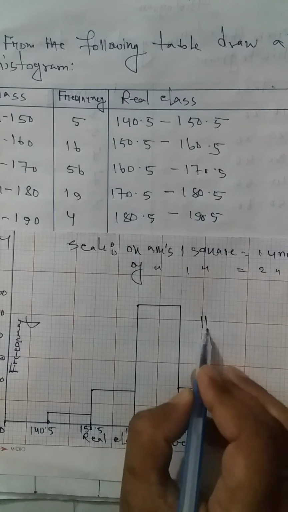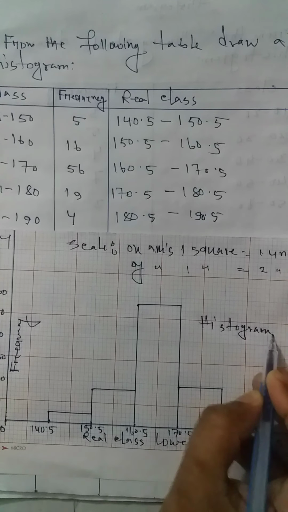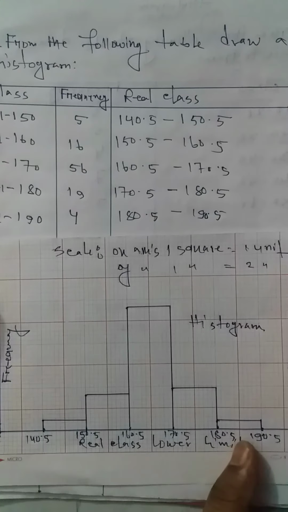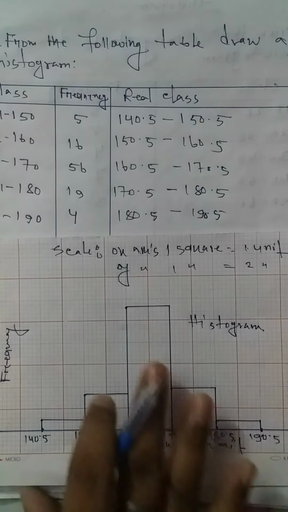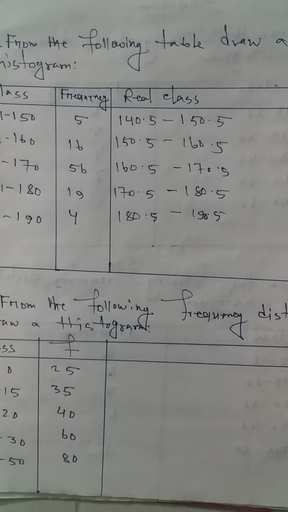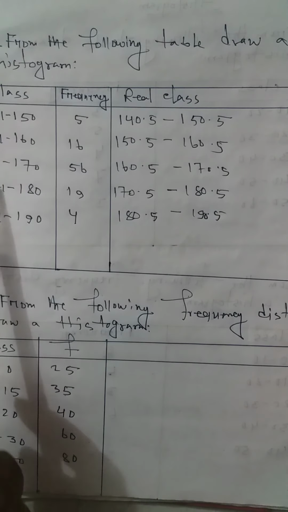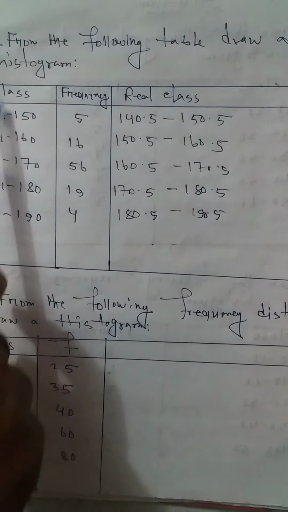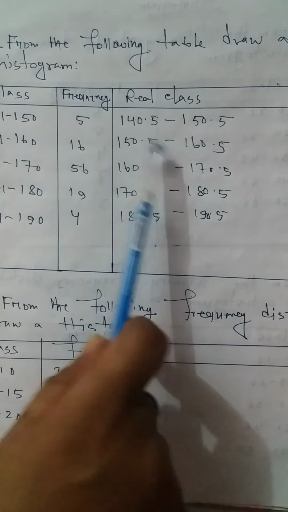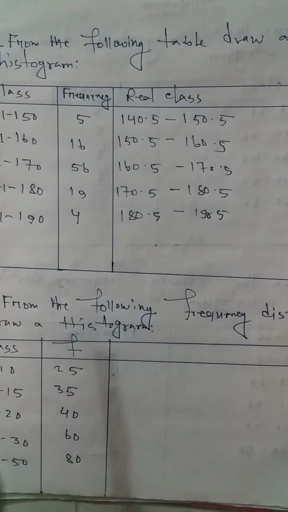This is the histogram. So we finished drawing the histogram for the question in inclusive method. Given a question in inclusive method, you have to change the classes to exclusive method. The inclusive method changes to exclusive method. This rule is the real class.